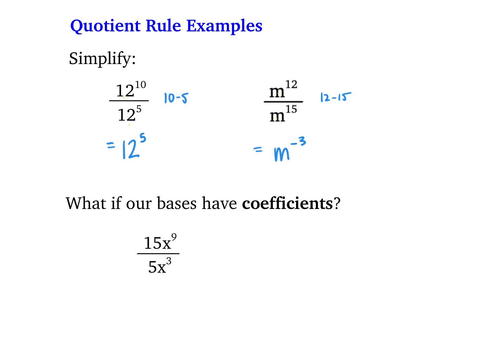If we look at this next one, we have some things with exponents, but we also have coefficients. Similar to when we were multiplying these or taking them to powers, we can split this up. So I can think of this as 15 divided by 5, and then x to the 9th divided by x to the 3rd. These are normal numbers. I would divide as my problem says. So 15 divided by 5 gives me 3. These are not normal.